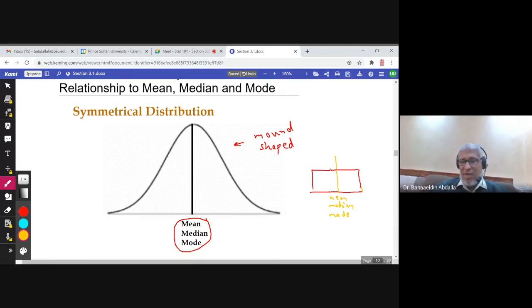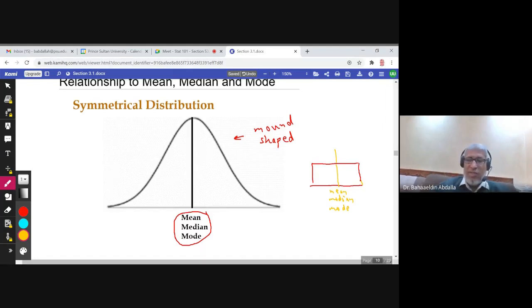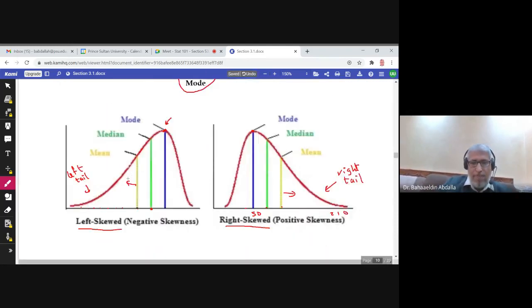So this is a symmetrical distribution. This is also a symmetrical distribution, but this one especially is called a mound shaped, and we will study this shape in chapter 6 again. It is also called normal distribution. Chapter 6 will be about normal distributions.